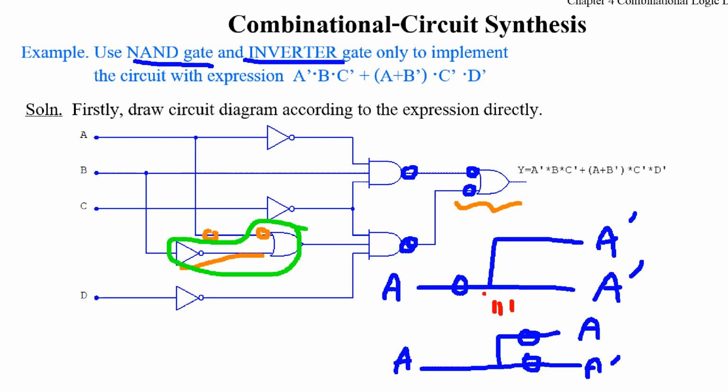So now let's imagine if you move this inverter, and then this junction changes from 1 to 2.